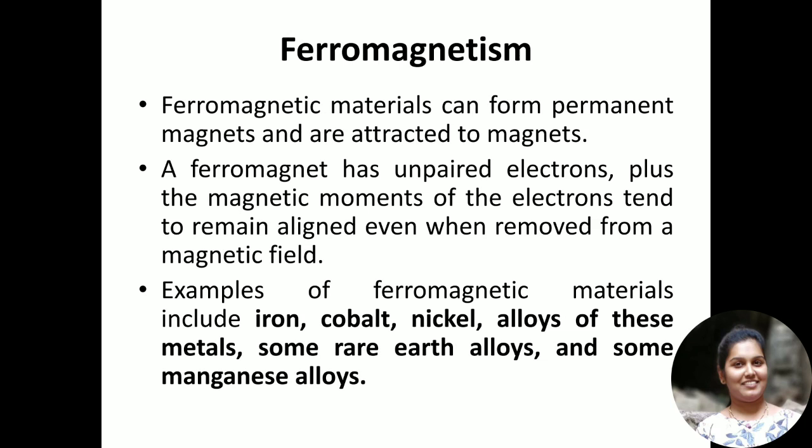So these ferromagnets can be used to form permanent magnets. Permanent magnets like we use in permanent magnet moving coil instruments are made up of this kind of material. Examples of ferromagnetism involve iron, cobalt, nickel, alloys of iron, cobalt and nickel, and some rare earth alloys and some magnesium alloys.